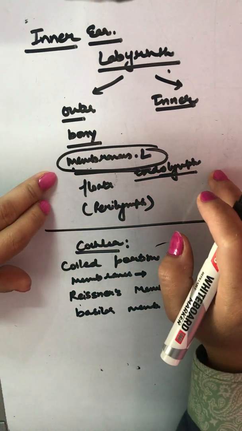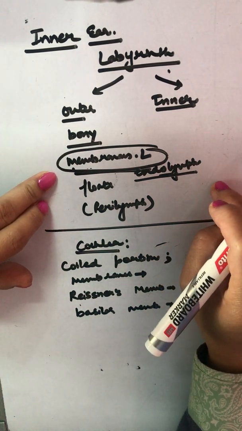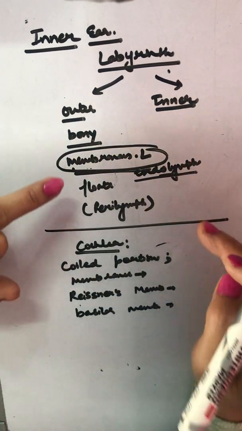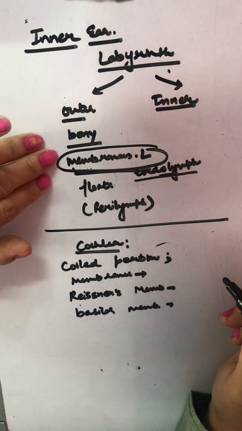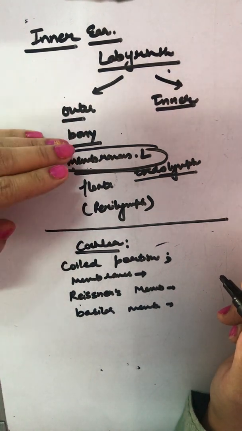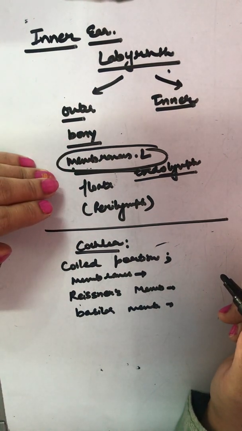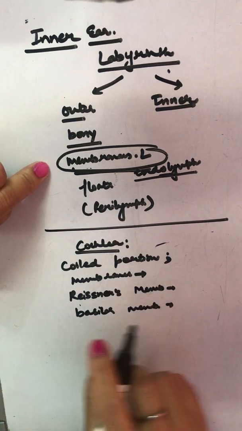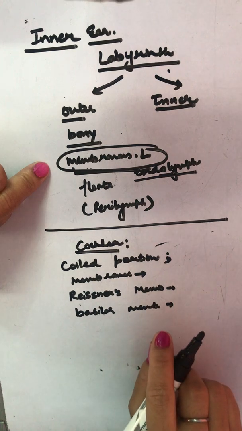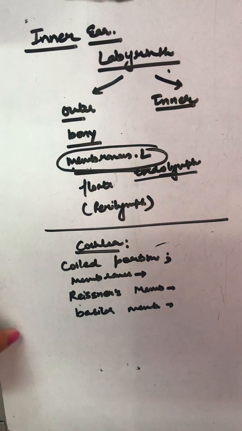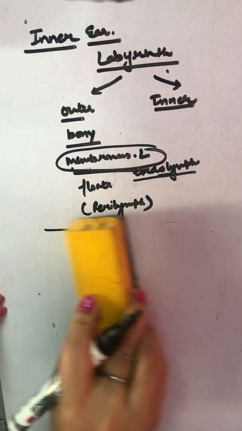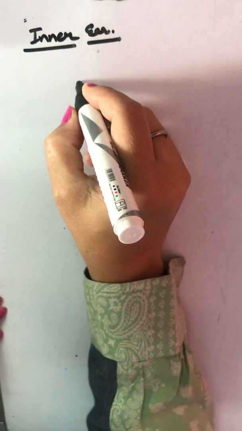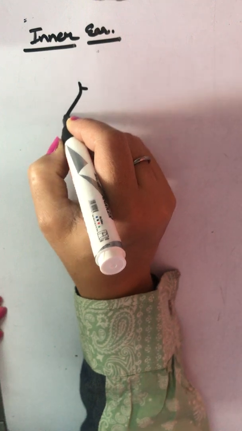We say this membranous labyrinth has the fluid endolymph in it, and this entire structure is suspended in perilymph. This is further divided into three parts: upper, median, and lower. And there is an elastic membrane, the tectorial membrane, which lies over the rows of hair cells. So the structure looks like here.